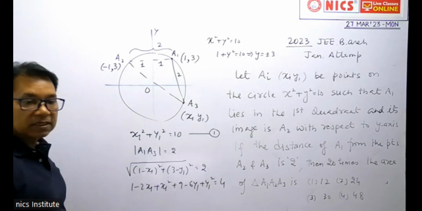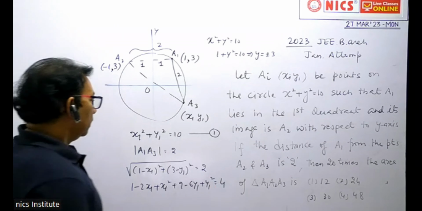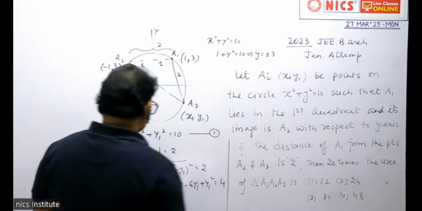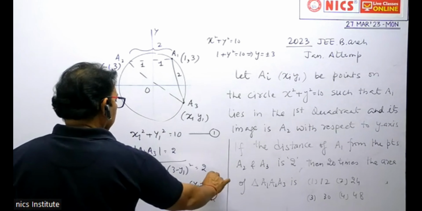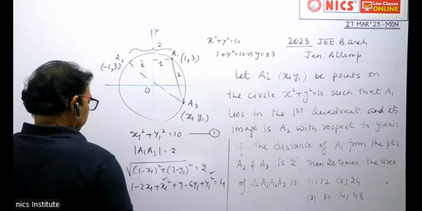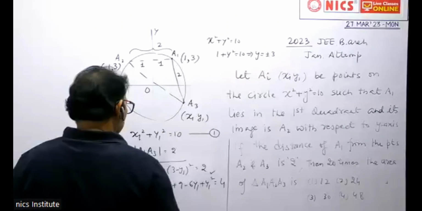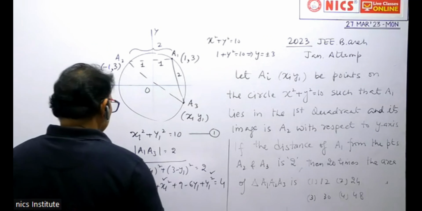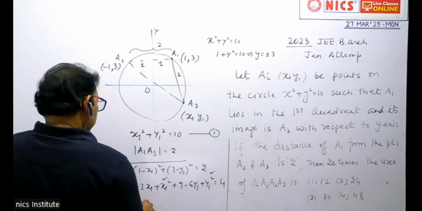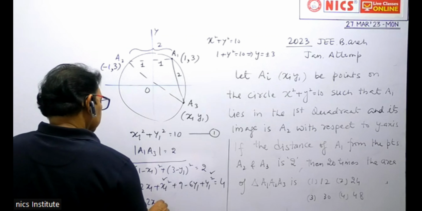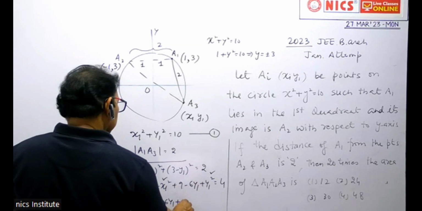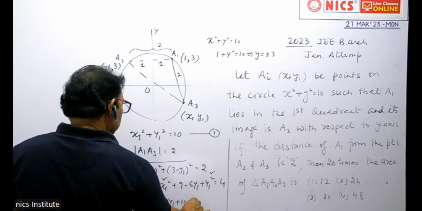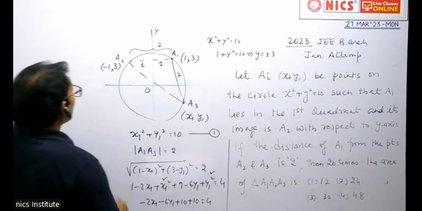I have squared both the sides. We can replace x1 square plus y1 square by 10. So this would be minus 2x1 minus 6y1, 1 plus 9 would be 10, and x1 square plus y1 square will also be 10, equals 4.